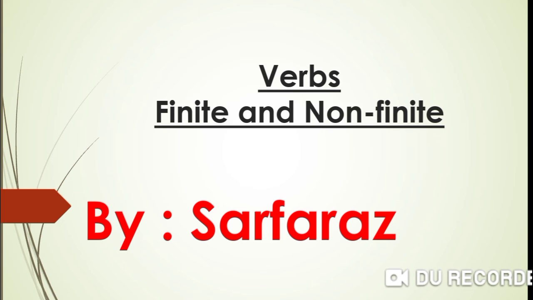We'll talk about these types in this video, so please watch this video up to the end, and after watching it is better to read your grammar book once and then you should do exercises. Okay, so now let's start.